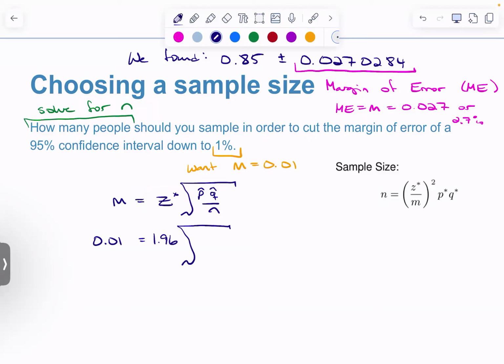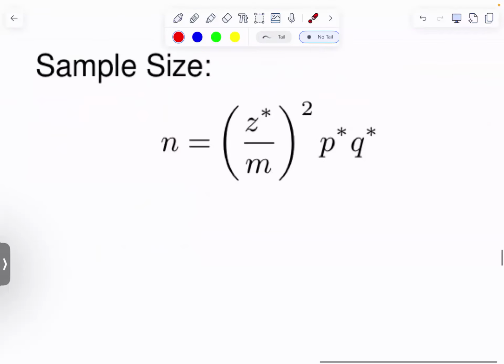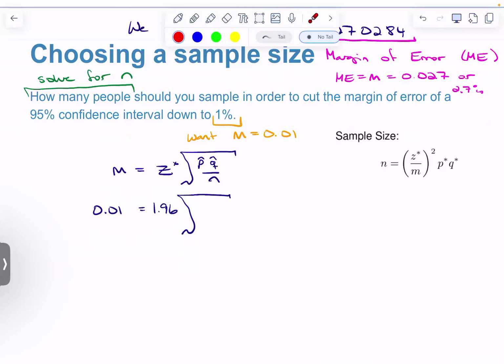We're going to assume that the p hat stays the same, because we have an idea, and notice how over here, kind of spoiler alert, it's not really a p hat. We're going to have two options depending on the scenario. So p star, but for now, let's use 0.85 times 1 minus 0.85, divided by n.